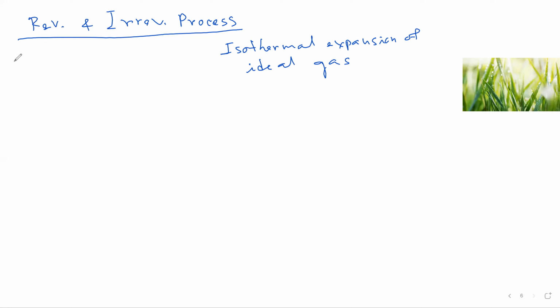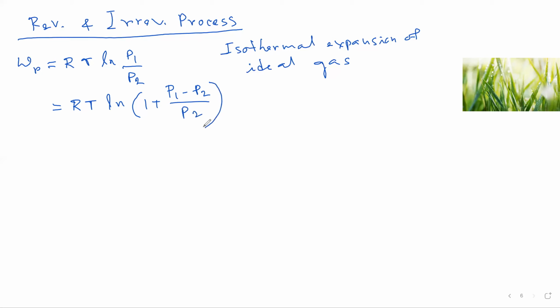Okay, so what was the expression for reversible isothermal process? I have derived it in my previous lecture, please do watch that. So the expression was RT ln P1 by P2. Okay, so we can write this as RT ln of 1 plus (P1 minus P2) by P2.